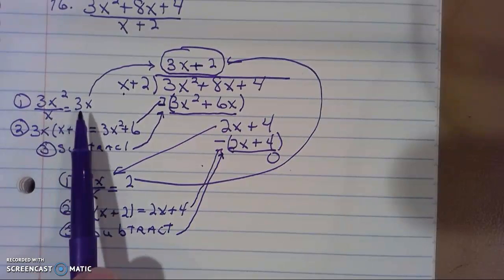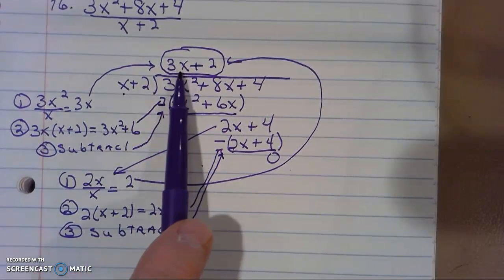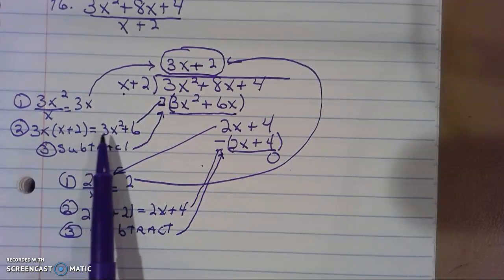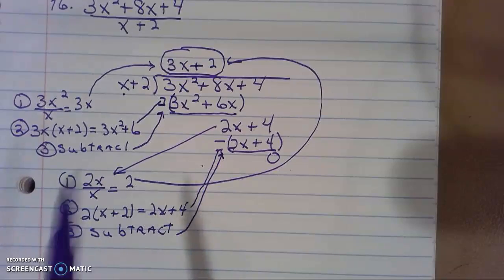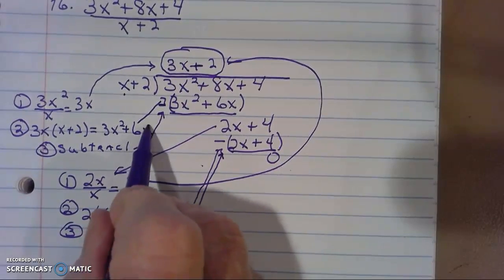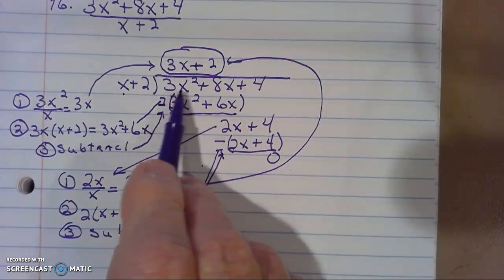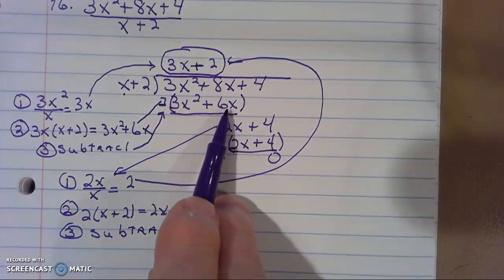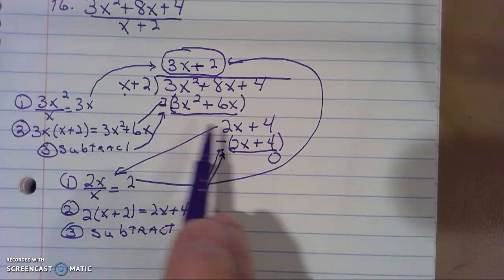X into 3x squared is 3x. That goes up on top. Then 3x times x plus 2 is 3x squared plus 6x, which is put right underneath 3x squared plus 8x, and then you subtract.